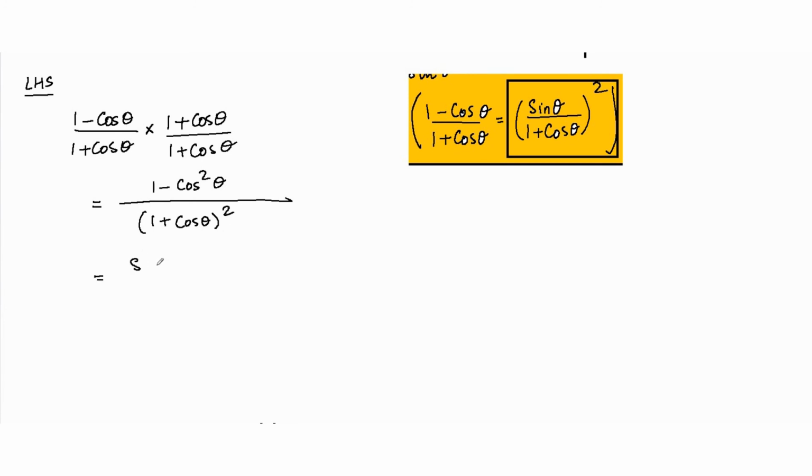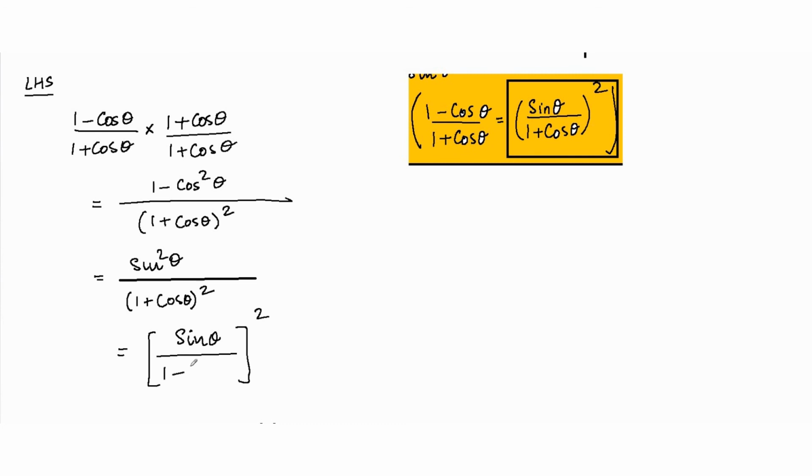So 1 minus cos square theta is sine square theta, and sine square theta divided by, in the denominator I have 1 plus cos theta the whole square. So the numerator and denominator are having a whole square. So we get sine theta by 1 plus cos theta the whole square, which is equal to the RHS.